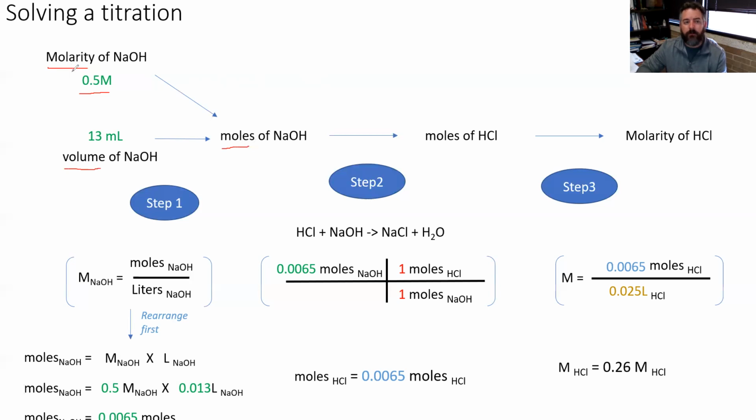Now, if you have a molarity and a volume, how do you get moles? Well, there's an equation. This is the molarity equation, where molarity equals moles over volume, and the volume always has to be in liters.